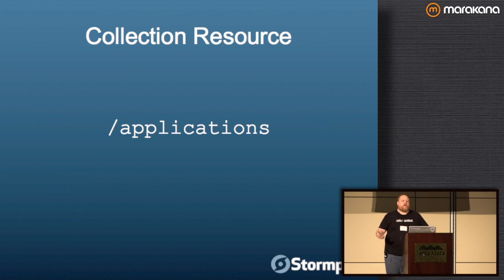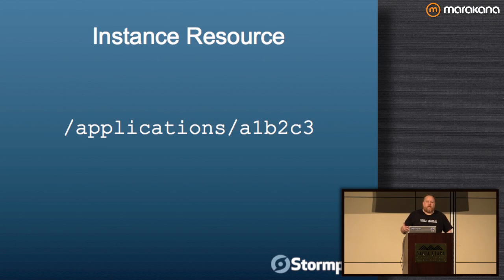It's not /application because I'm not interacting with a singular entity. I'm interacting with multiple entities or multiple resources. And typically, by convention, individual resources usually hang off of the collection that they're a child of, or that owns them. So an instance resource might be accessible in a URL like this, /application/some ID.